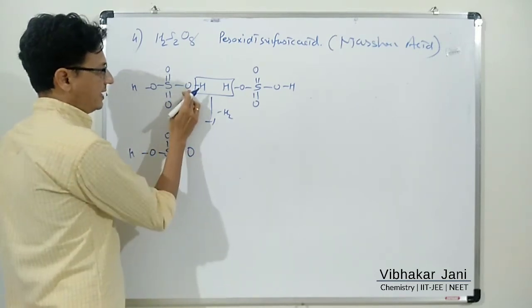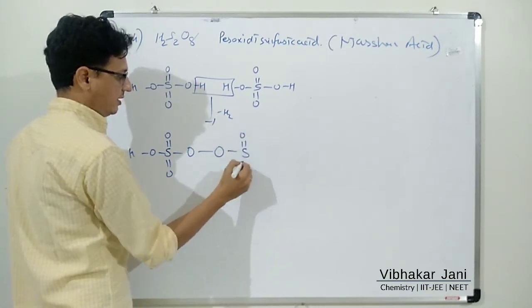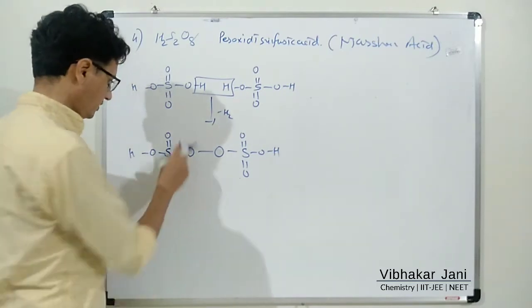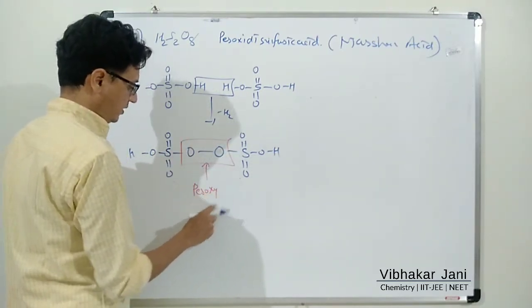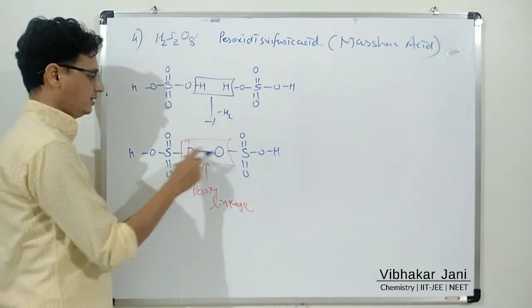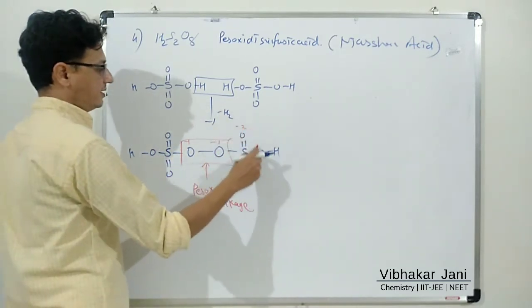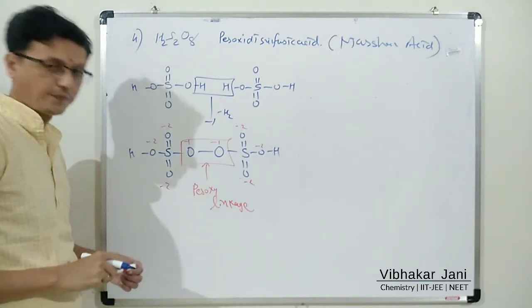This O is now attached with the second O, and the remaining structure is the same. So now, as you can see here, this is our peroxy linkage. That means both these oxygens are in -1 oxidation state and the other oxygens are in -2.